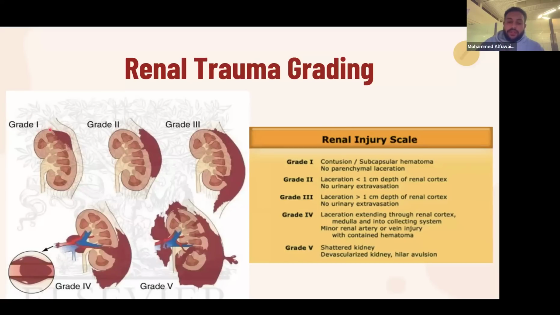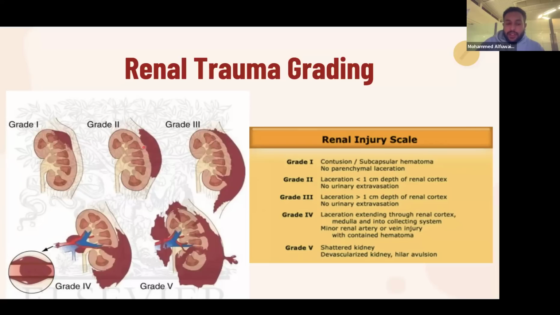So if it only affects right next to the cortex and it's a hematoma in the capsule, what grade is this? 1. If it's just a subcapsular hematoma right below the capsule of the kidney, then this is grade 1. This one does not go to the cortex, it's just on the capsule.